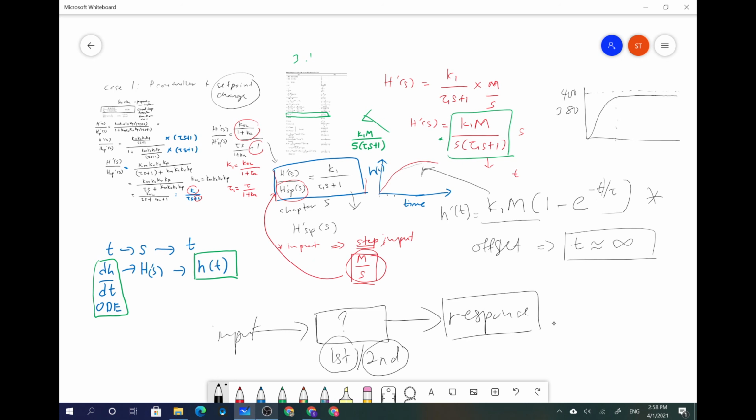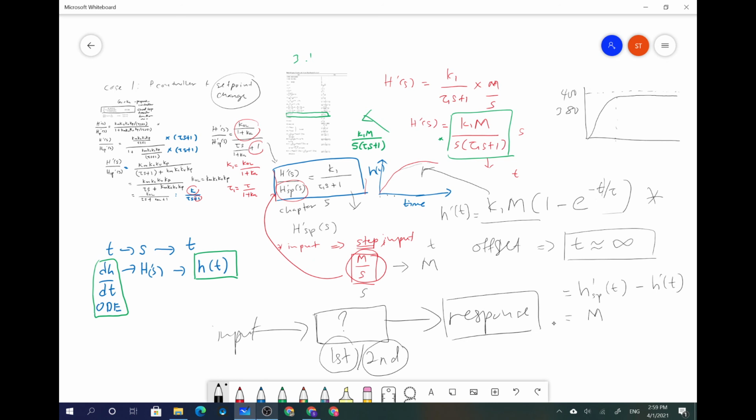The formula to calculate offset is H_SP'(t), don't forget the prime, minus H(t). This is the time domain, this is the S domain.